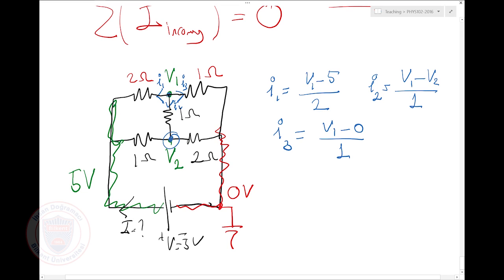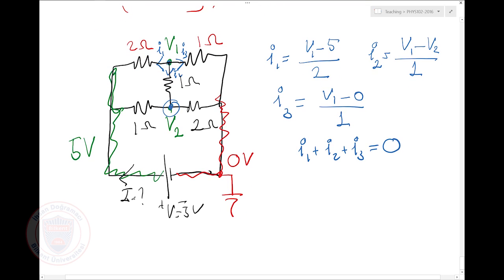So now, what's the total amount of current leaving that node? I1 plus I2 plus I3, right? So I1 plus I2 plus I3 must be 0. This is Kirchhoff's current law. The total current leaving a node must be 0. Whatever is coming in must go out.